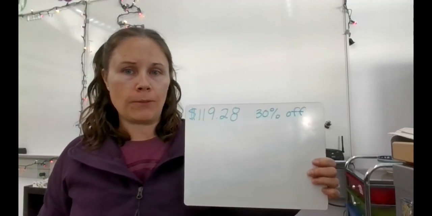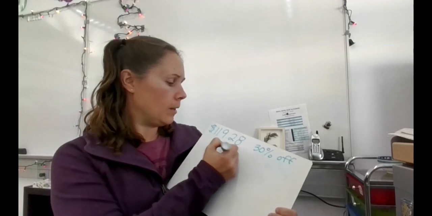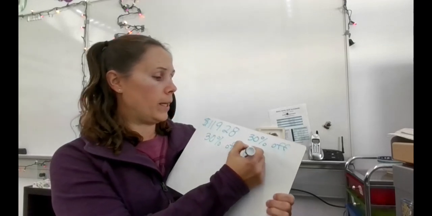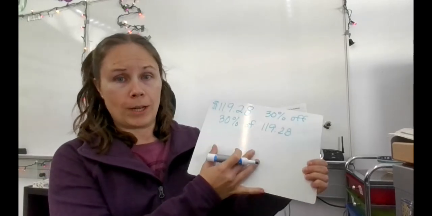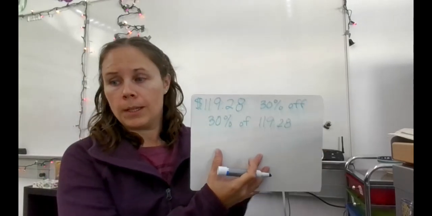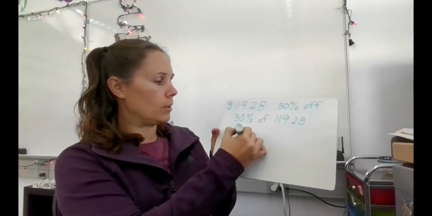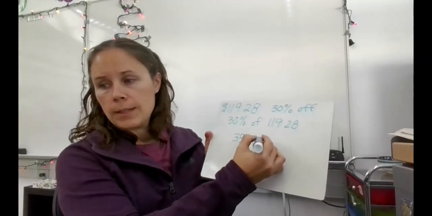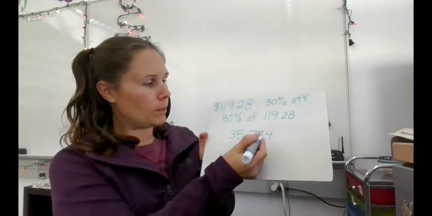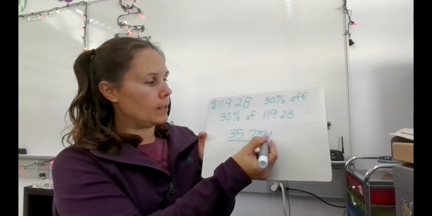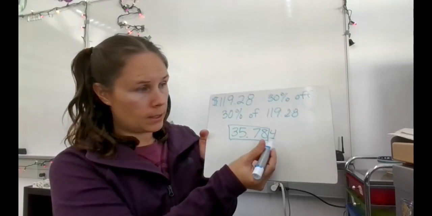All right, so hopefully you found this. We need to find 30% of $119.28 first, and then subtract that from our original price. 30% of $119.28 is another decimal, 35.784. If we round that to the hundredths place, it's either 78 cents or 79 cents.